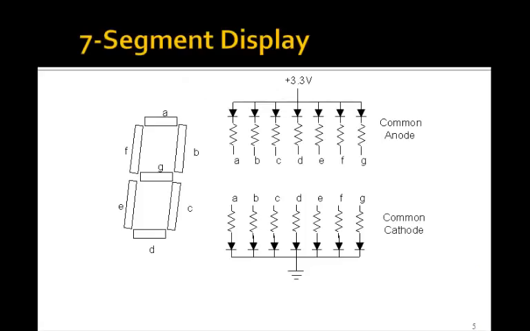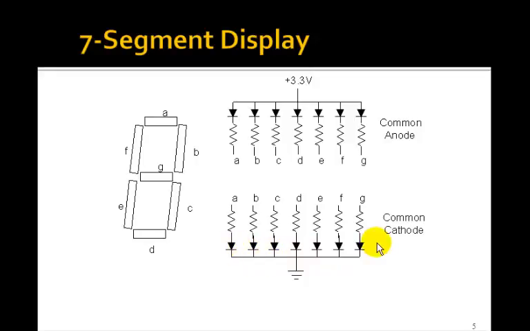Now 7-segment displays come in 2 flavors, so-called common anode and common cathode. Common anode, the anodes are tied together. This side of the LED symbol is called an anode. And for a common cathode, this side with a little bar in it is called the cathode side.